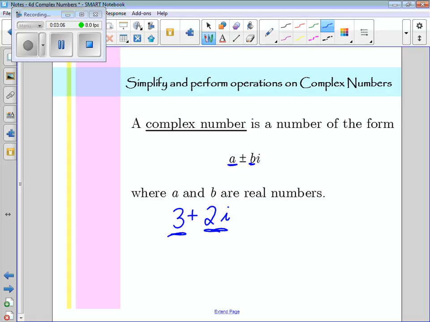So together it's a complex number. It could be like -5 minus 2i, or -1 plus 6i, or 0.5 minus just i. The b is 1. So these are called complex numbers.